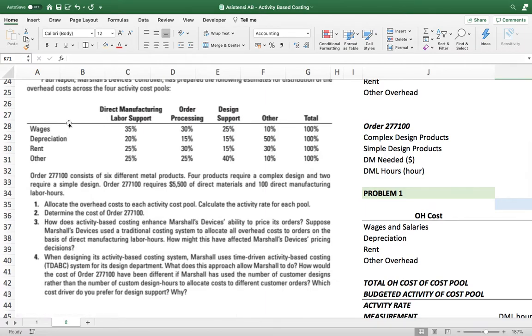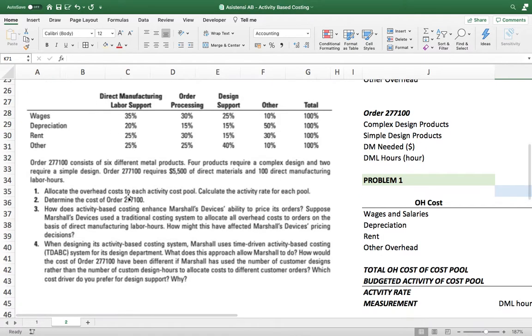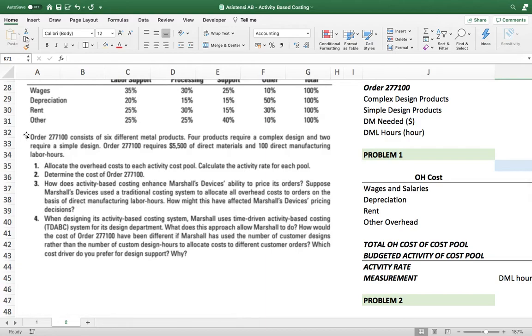So for each of the cost pools, it allocates the wages, depreciation, rent, and other. So you can see the total here is of course 100% because it allocates all of the cost to each of the cost pools. And then order 277-100 consists of 6 different metal products. 4 products require a complex design and 2 require a simple design.